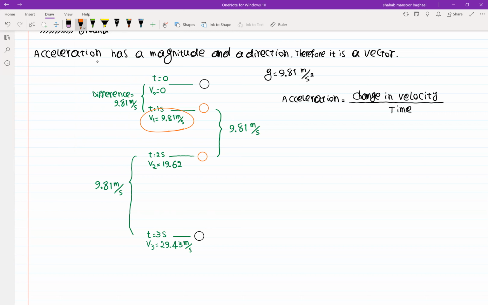After 2 seconds, your velocity is 19.62 meter per second. At t equal to 3, you have this velocity, 29.43. Obviously, you have increasing velocity. This is the justification of G value.